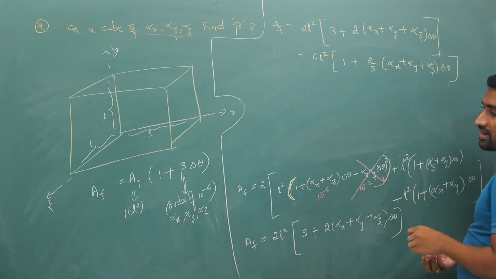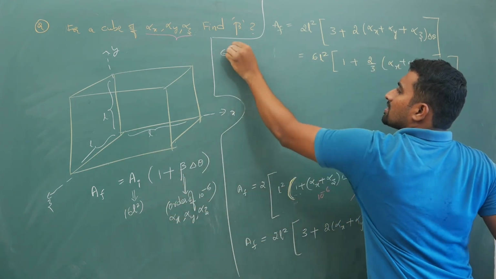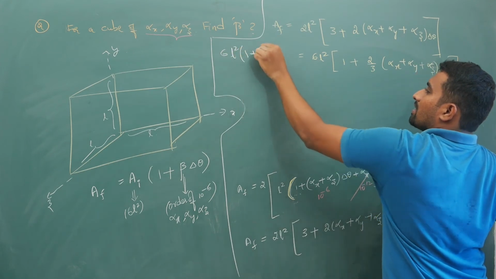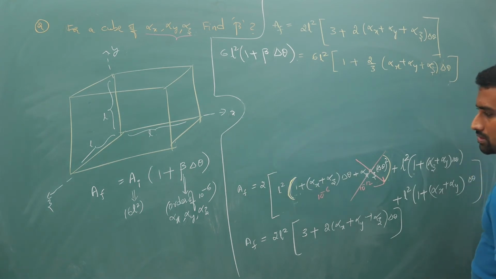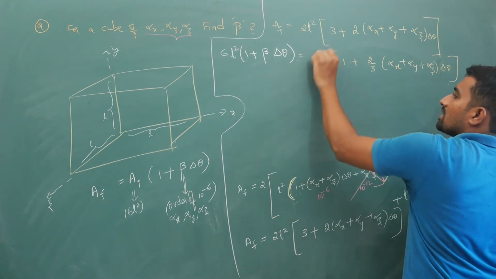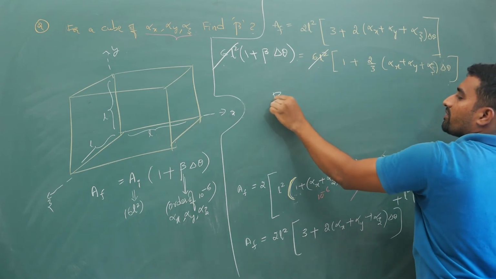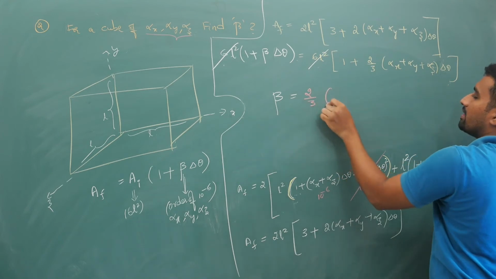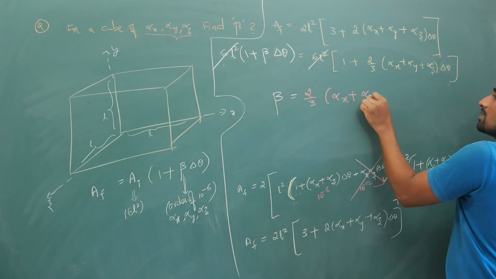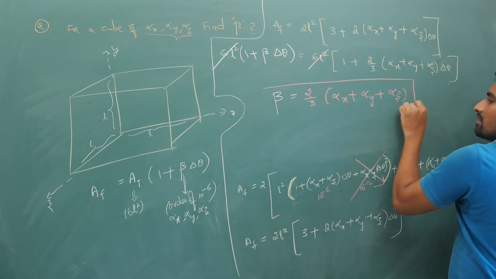But your final area is also 6L square times 1 plus beta into delta theta. So 6L square will cancel off, 1 will go off. So finally beta is 2 by 3 times alpha x plus alpha y plus alpha z for a general figure.